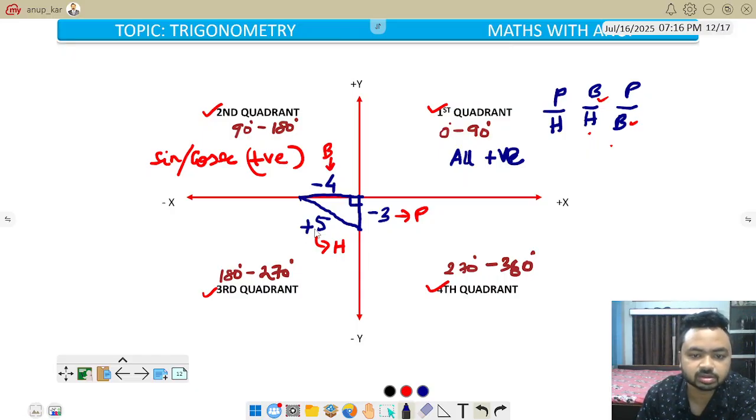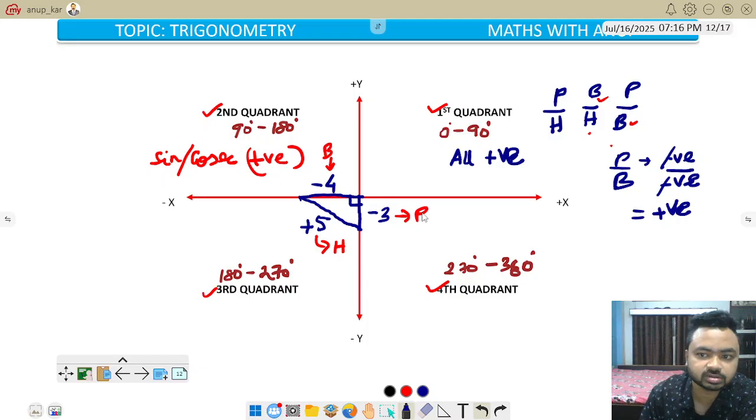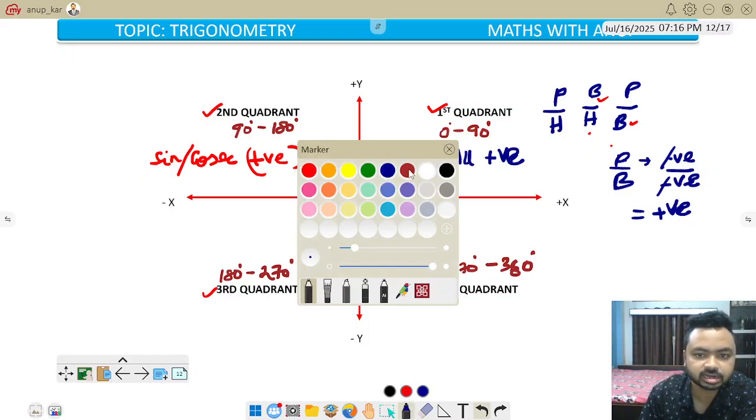So which ratio can be positive? Only P by B, right? Because P is negative and B is negative, both negatives cancel out and it becomes positive. For the rest of the ratios it will obviously be negative.